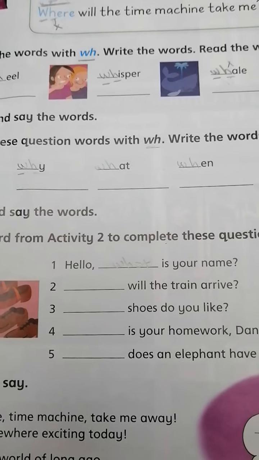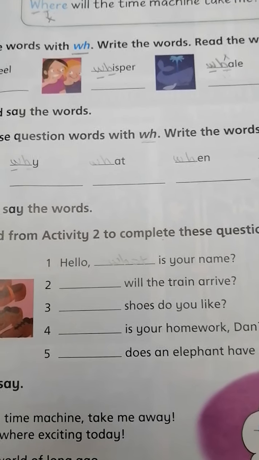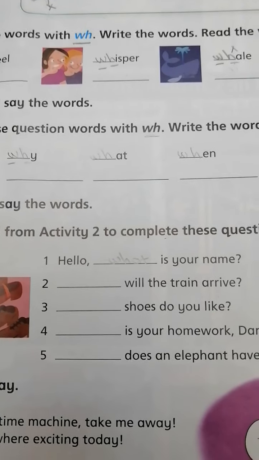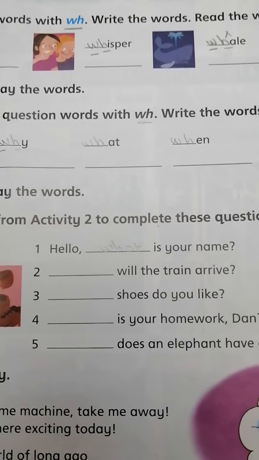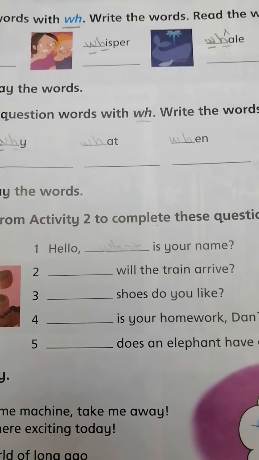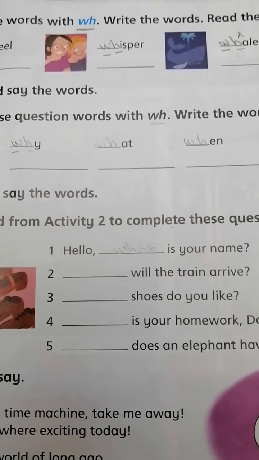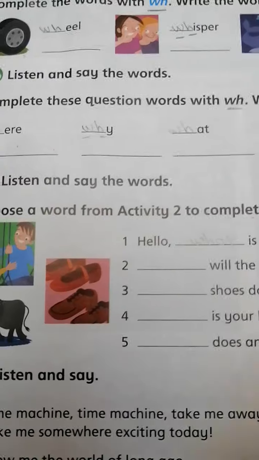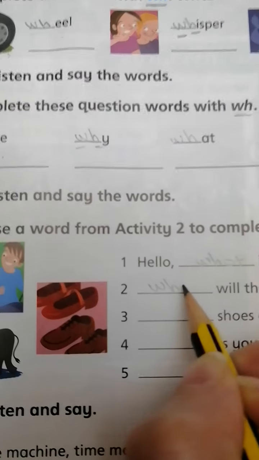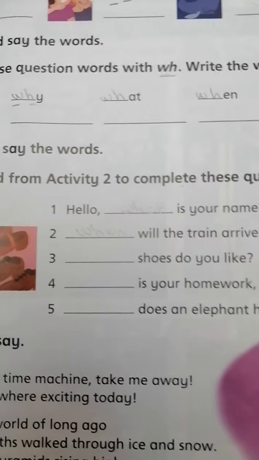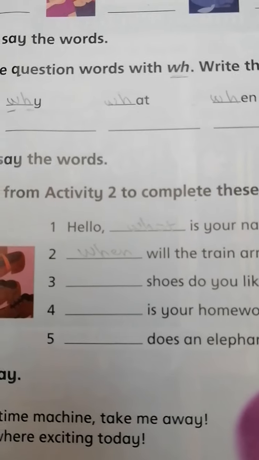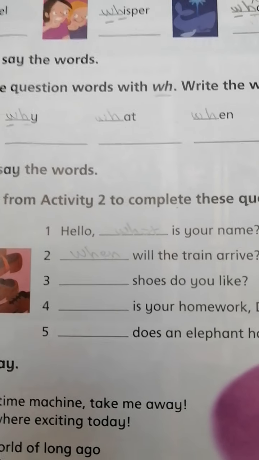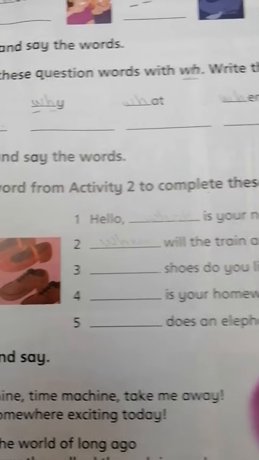When you ask about time, the time of the train arriving, what will you choose? Yes, when. When will the train arrive? When we ask about time, we will use when.